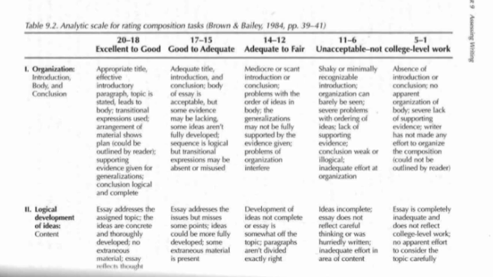However, analytic scoring is more detailed. And here is an example of an analytic scale for rating a composition task. You can find this on pages 243 to 244 in the given module.